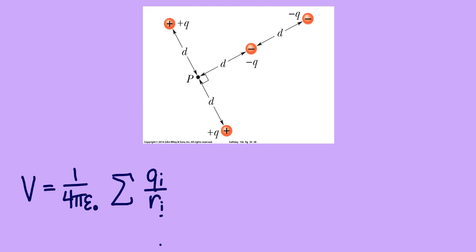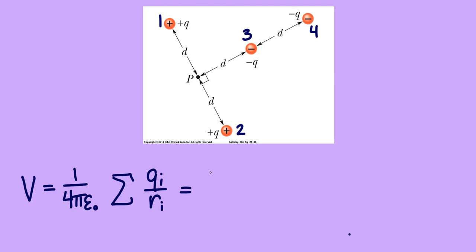So I'm going to think about the fact that I'm adding together the electric potentials of each of these 4 charges. I'm going to write this expression in terms of variables rather than numbers to start off with, and I'm going to use K instead of 1 over 4 pi epsilon naught just to reduce what I need to write. I'm going to go ahead and label them so I can talk about them easier. I'm going to call them 1, 2, 3, and 4.